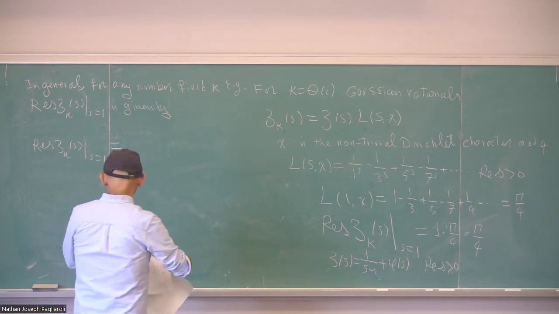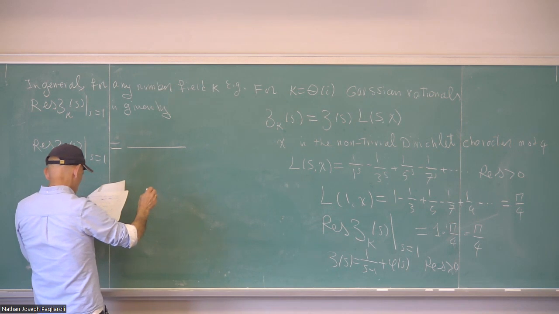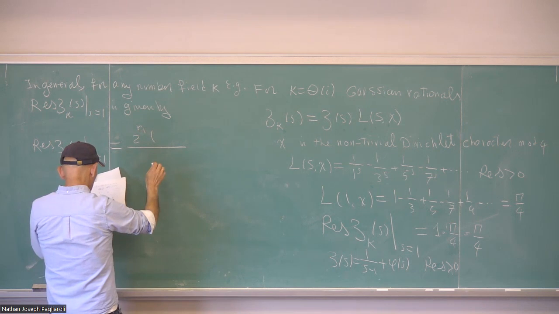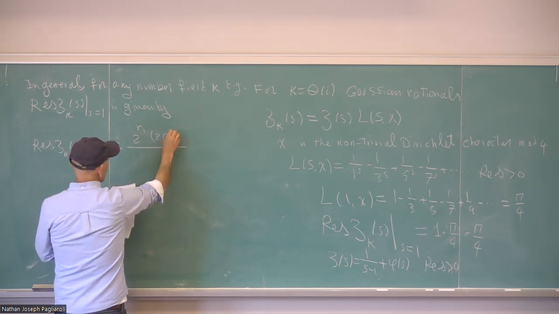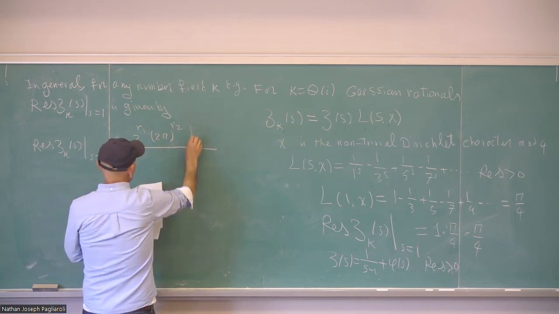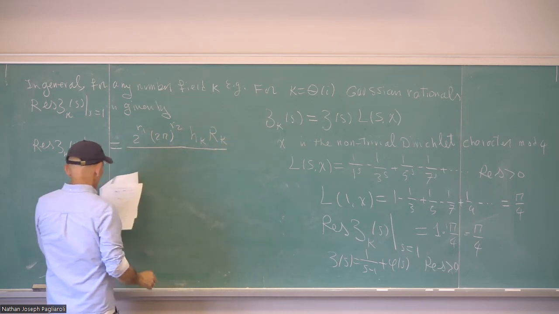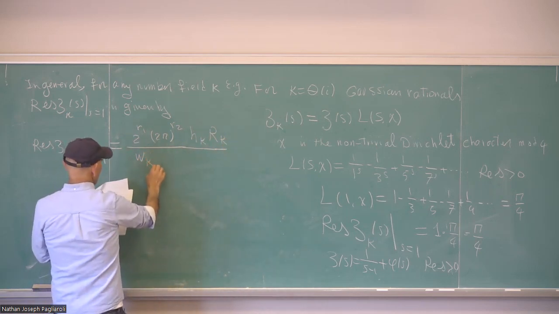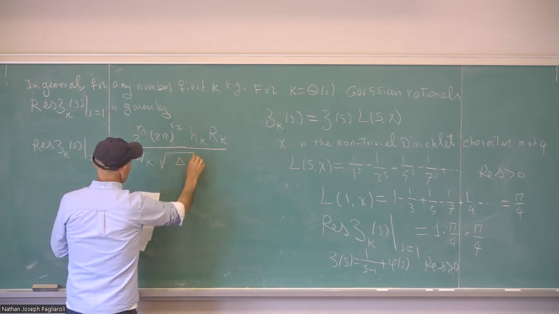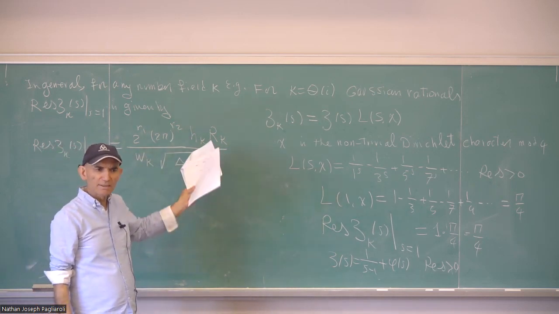It's a fraction which is given by 2 to the r1, 2 pi to the r2, h k R k over w k root delta k. I guess last lecture I wrote 2 r2, but that's the same.